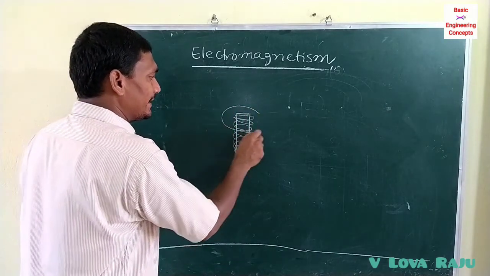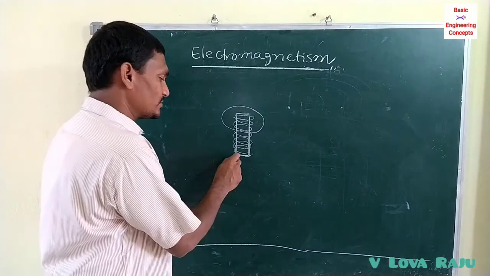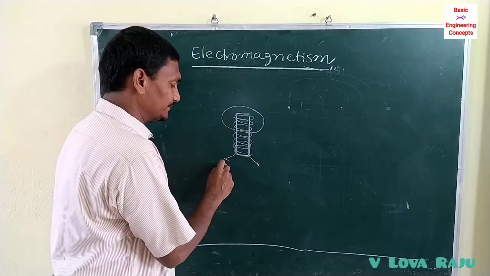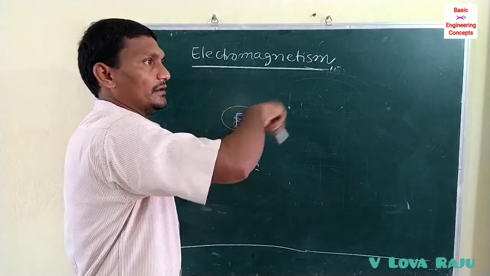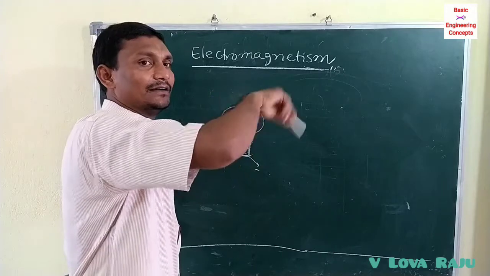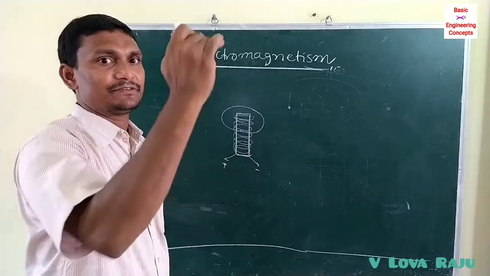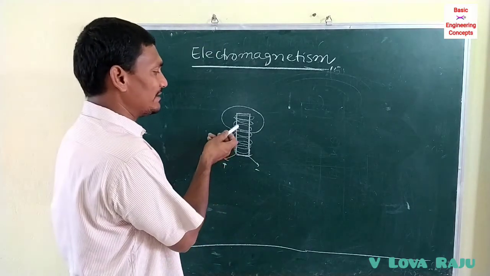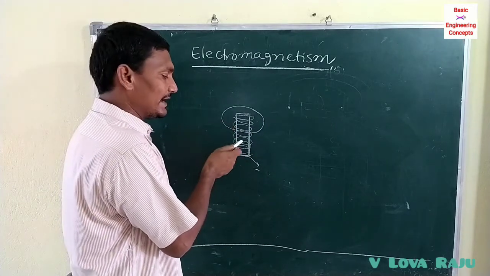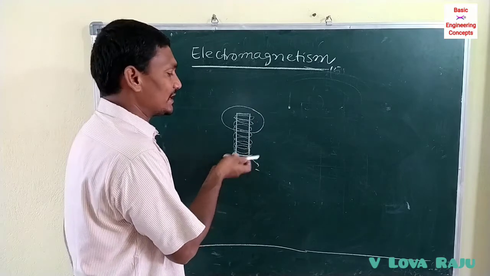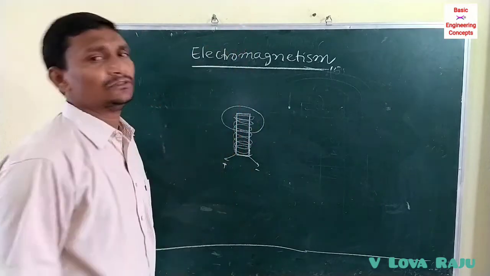If a ring placed on the solenoid is subjected to AC current, that is, one terminal positive and another negative, the ring is lifted to a certain height from the solenoid, because the magnetic flux linked with the coil continuously changes. Due to the alternating current, the respective magnetic flux changes, and due to this the ring is lifted.